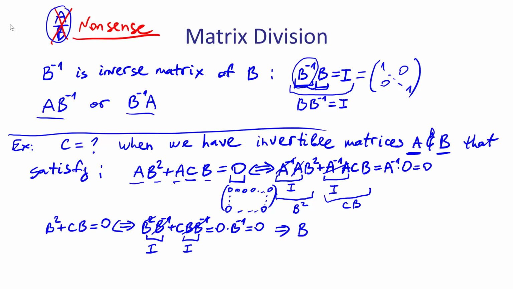So I will get here B, which is left from this one, plus C equals 0. Now I simplified it enough that I can say that C equals minus B, and this is my solution. So this is the correct way of solving equations with matrices. You cannot do just some simple cancellations of matrices or vectors inside of that equation. You need to go all of the way through to get to that solution.